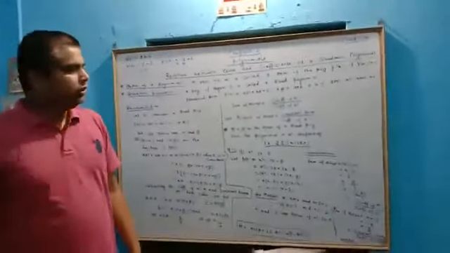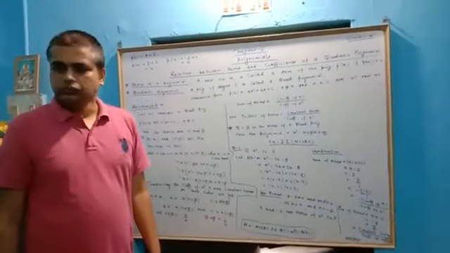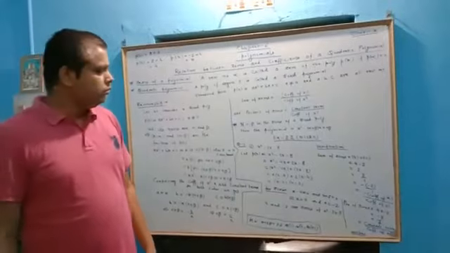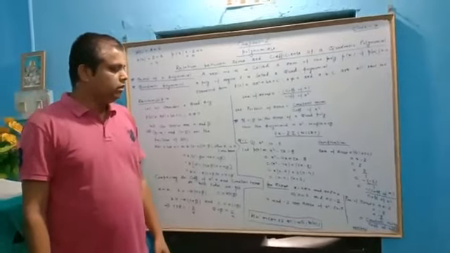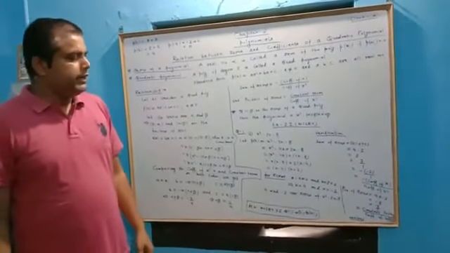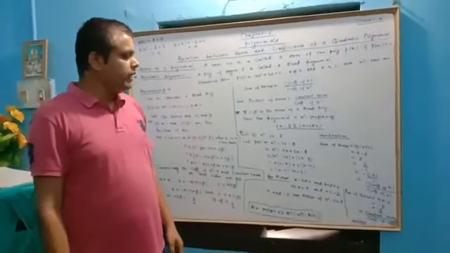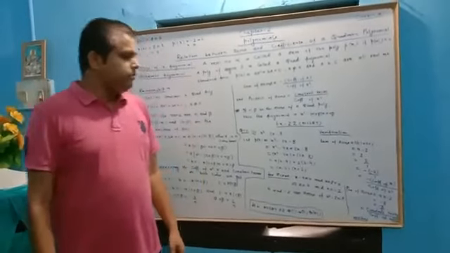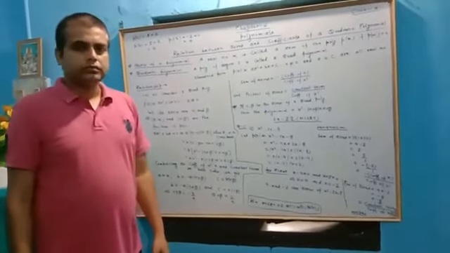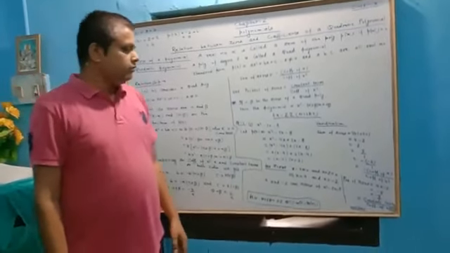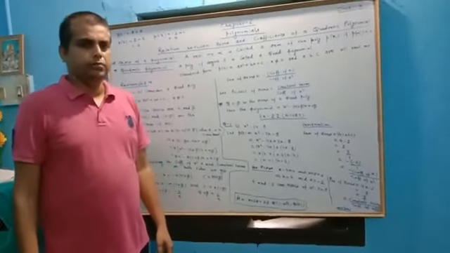Now students, we proceed to exercise 2.2 from the NCERT book. Here we start question number 1, for finding the zeros of a quadratic polynomial and the relationship between the zeros and coefficients. For the first question, first we find the zeros of a quadratic polynomial.